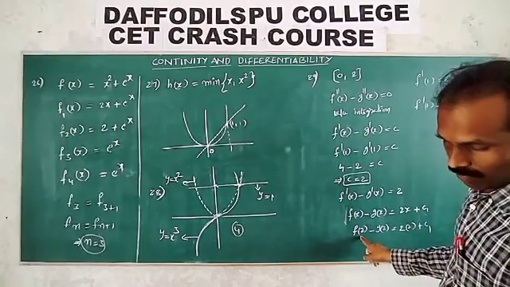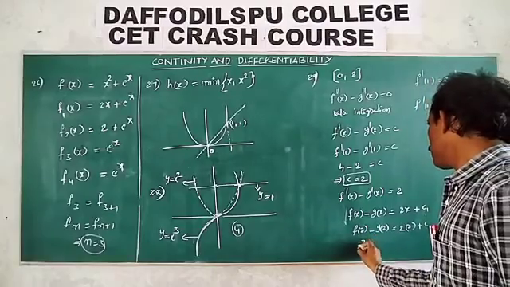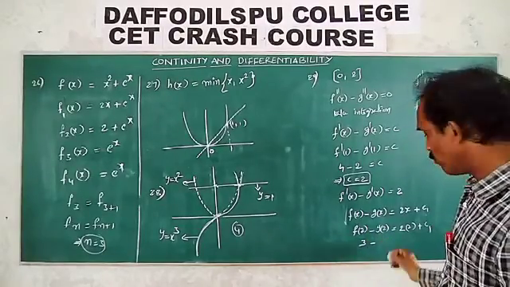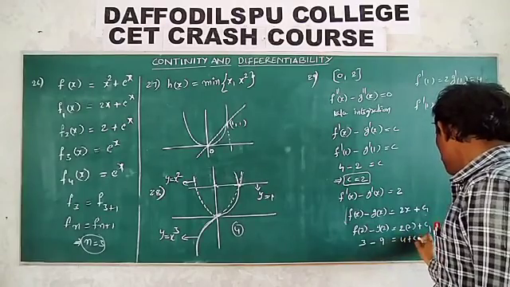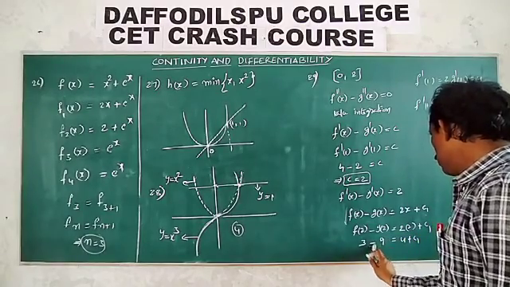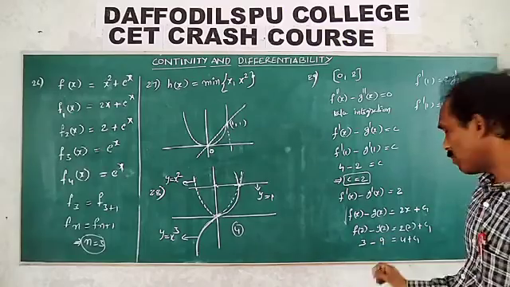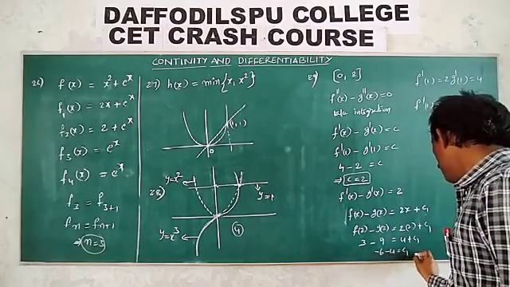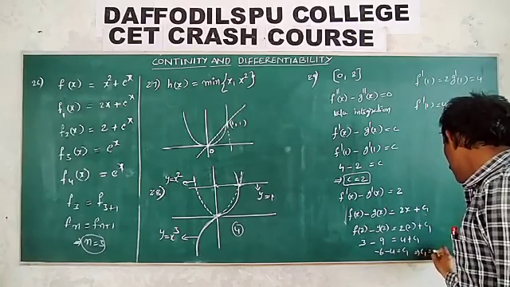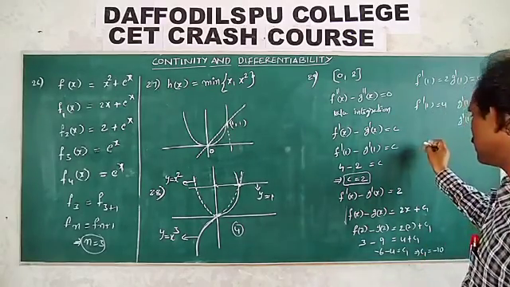What is f(2)? The f(2) value is equal to 3 minus g(2) value 9. This is equal to 2 times 2, 4 plus c1. So 3 minus 9 is minus 6, and minus 6 minus 4 is equal to c1. That implies c1 is equal to minus 10.